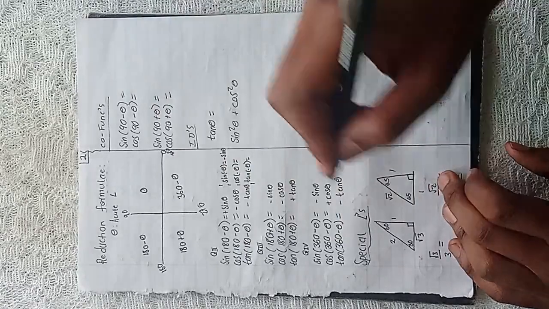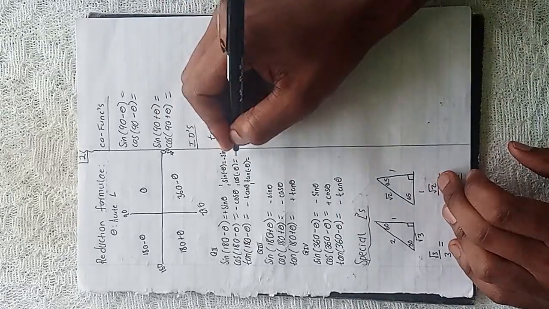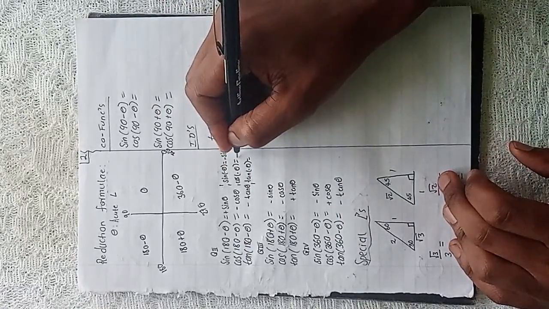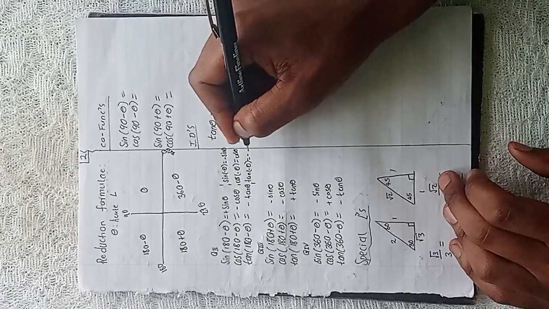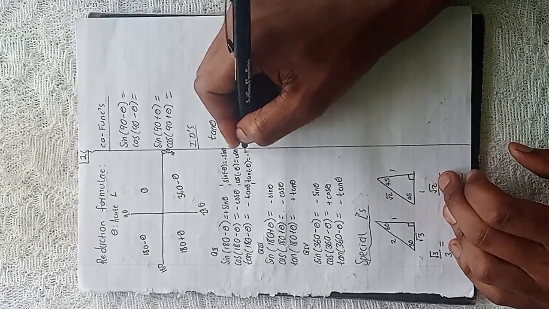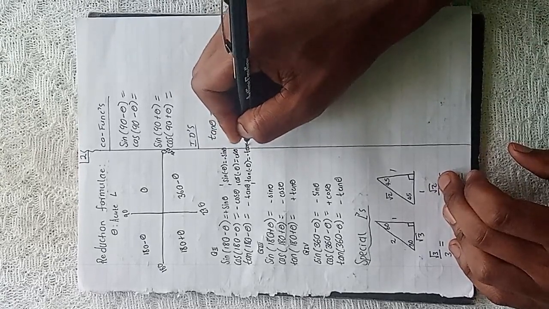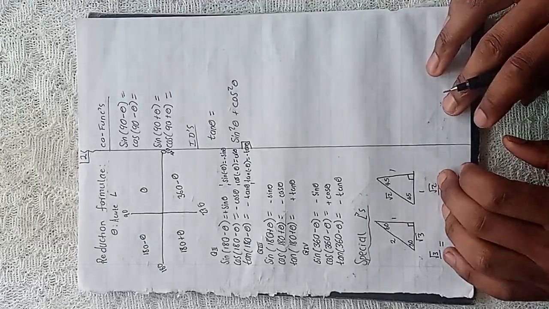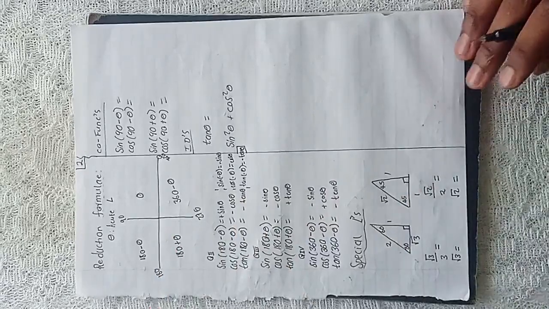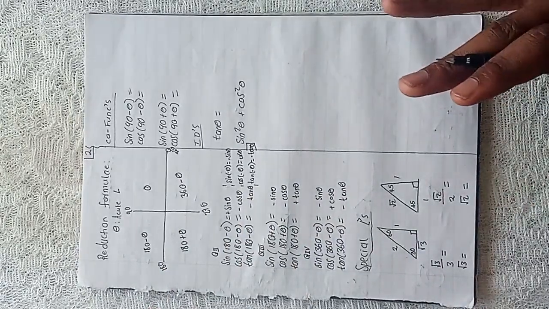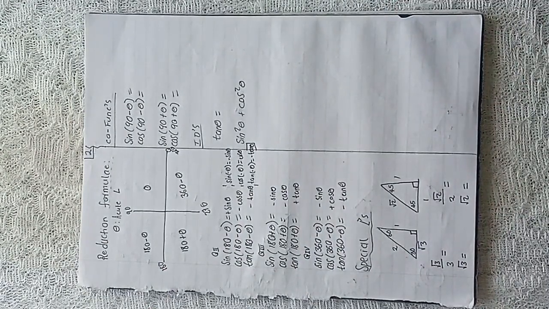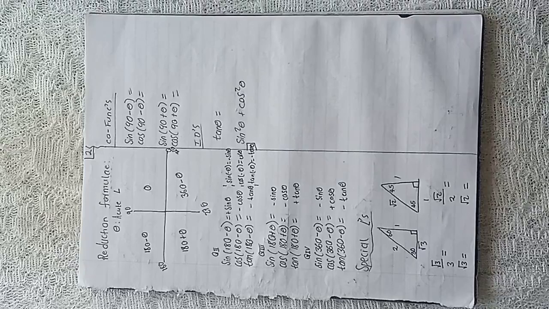And then cos, it's an even function, which means it will be positive cos theta. Tan is an odd function, which will be negative tan theta. Alright, that's also very important, and all of these things that we're discussing now are things that you did in grade 11. Some of them you did in grade 10.